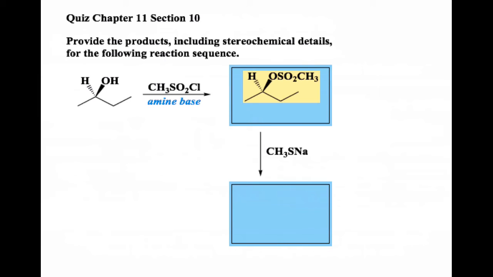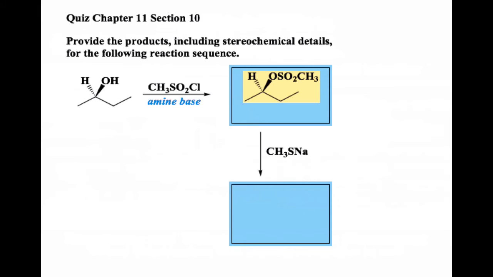Now I take this and I react it with CH3S Na. What's going to happen? It is a nucleophile. What's nucleophilic about it? That's sulfur. That's right. What do we know about sulfur with a negative charge? What kind of nucleophile is it? It's a supernucleophile, right? So what's going to happen? We're going to do an SN2 reaction.